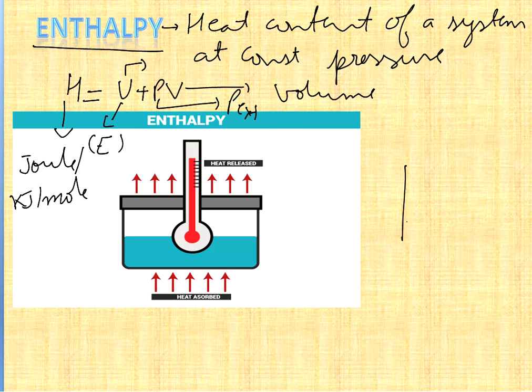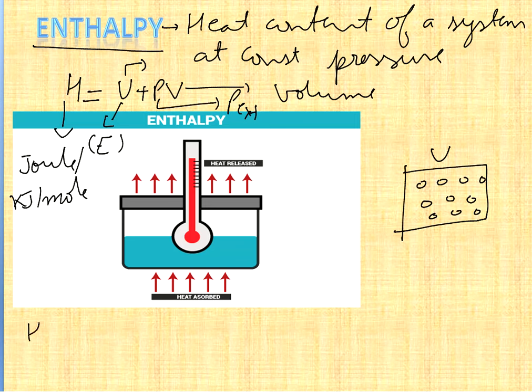If we take the example here, this is a system and the molecules are here. The energy of the molecules, the interactions between the molecules and between the atoms, that is the internal energy U.